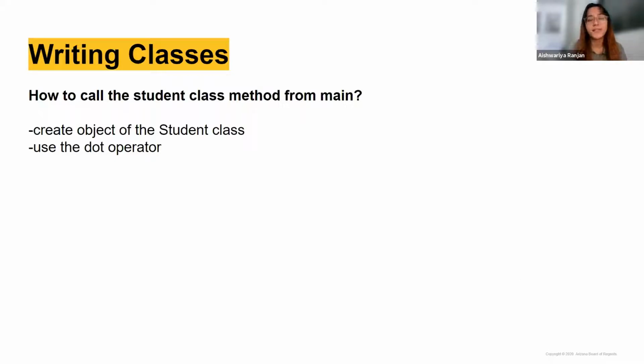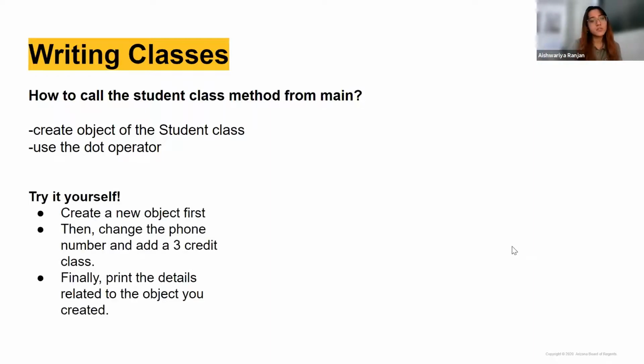In order to access anything in that, first you need to create an object of the student class, and then to access the methods of that class, you would have to use the dot operator. So you would create an object of the student class, and then to use the dot operator, you would do object dot, suppose, get ID.